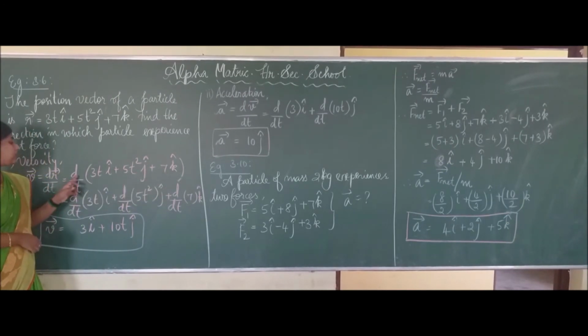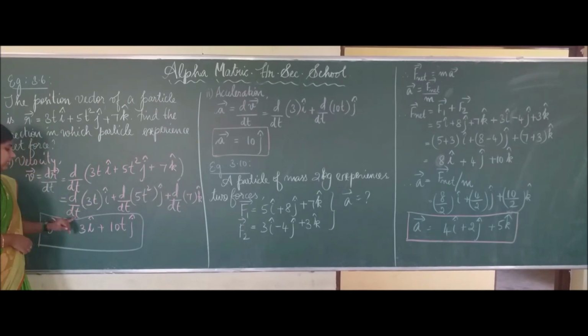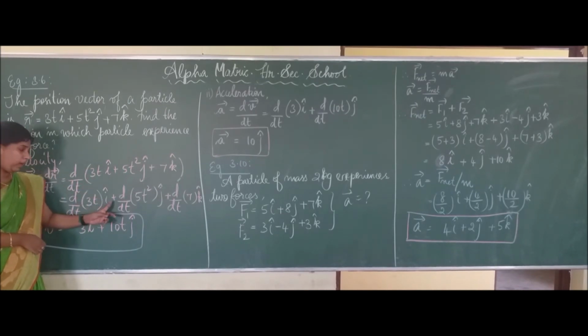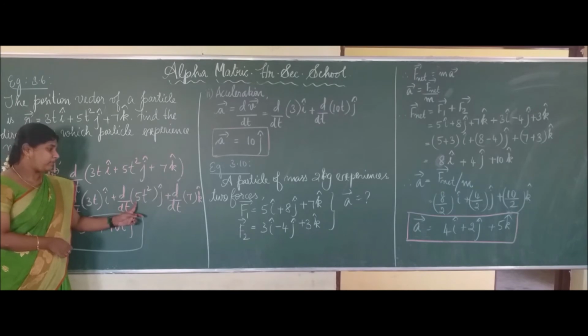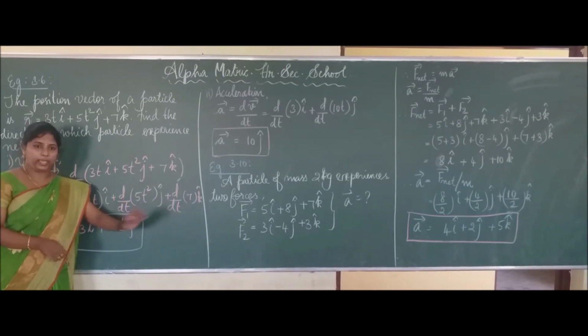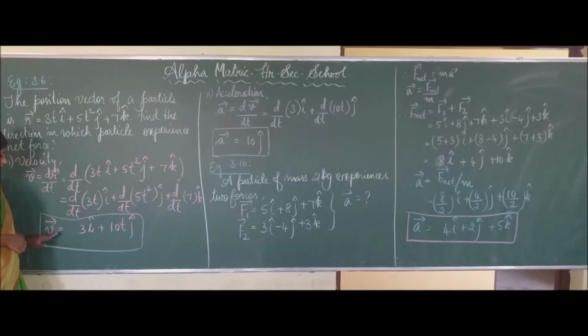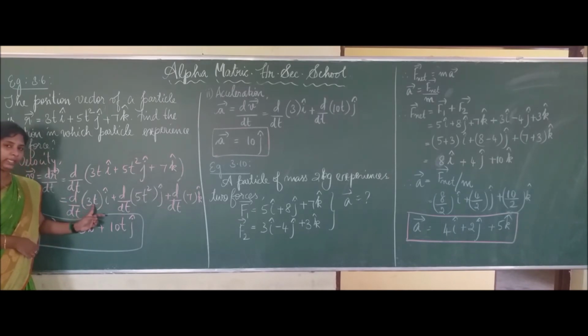This d by dt is common for all the terms, right? So d by dt of 3t i cap plus d by dt of 5t square j cap plus d by dt of 7k cap. Okay, so now we have to differentiate each term with respect to time.